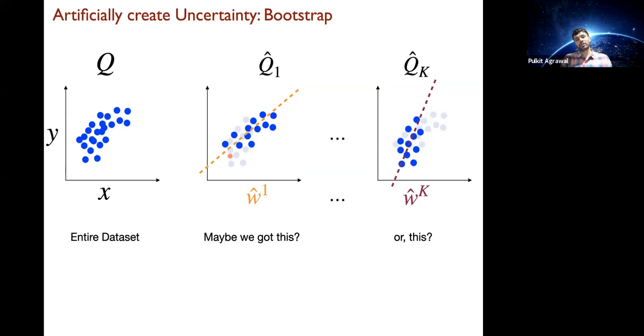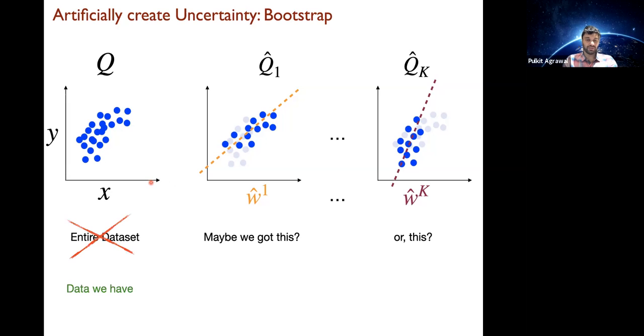Now, because we don't have access to ground truth data, how do we go about measuring this confidence value? One idea which is quite popular is bootstrapping. The main intuition is that we artificially create subsets of data.